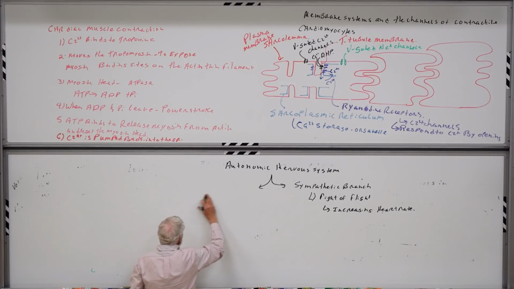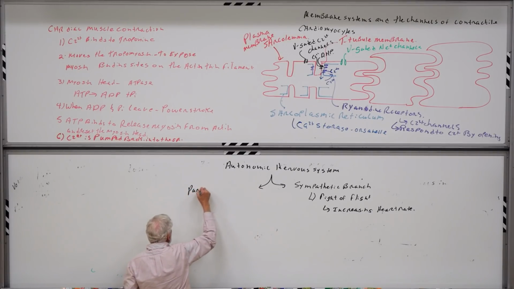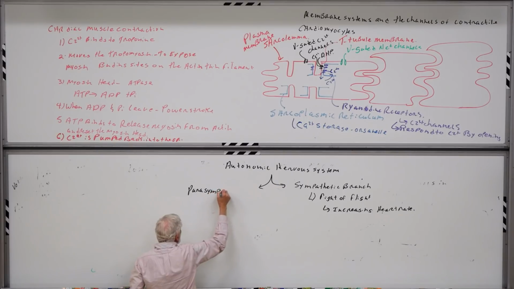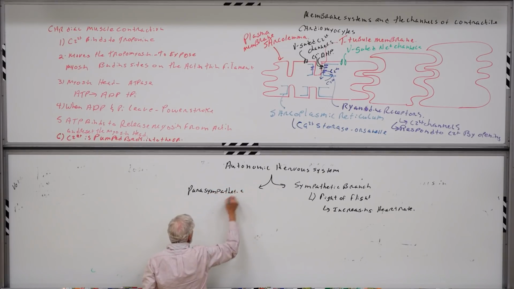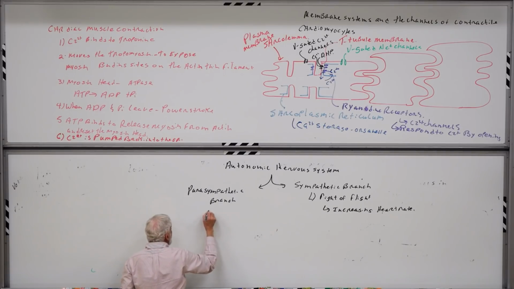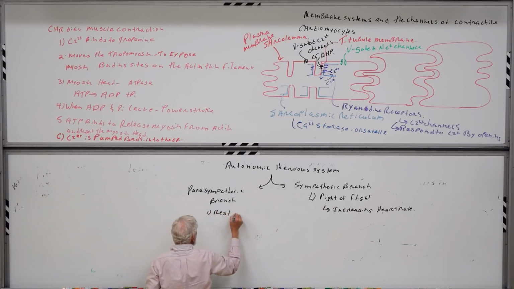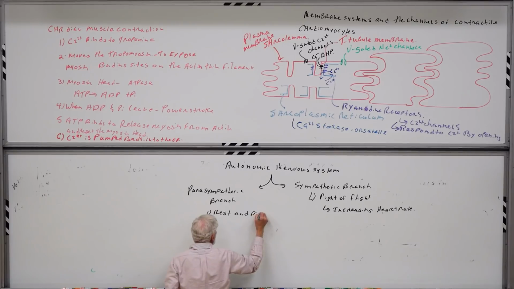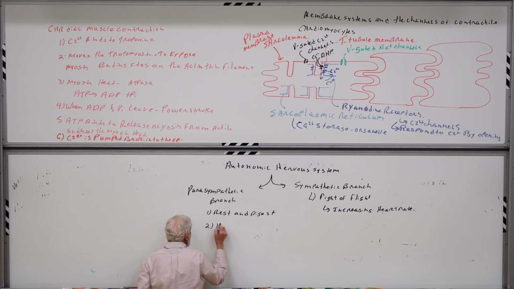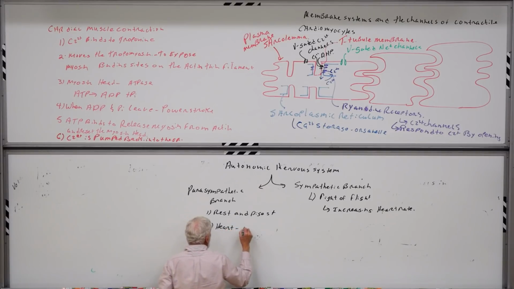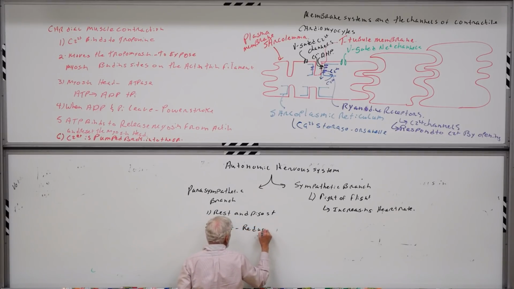The other branch is the parasympathetic branch. Its function is largely rest and digest. And in terms of the heart, it reduces the heart rate.